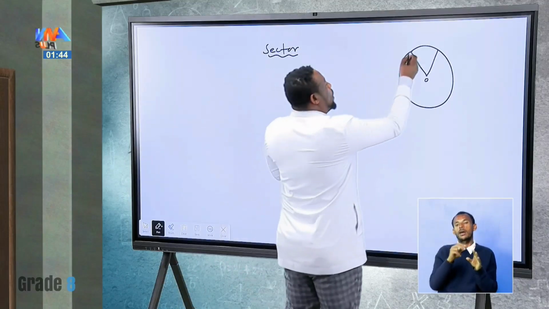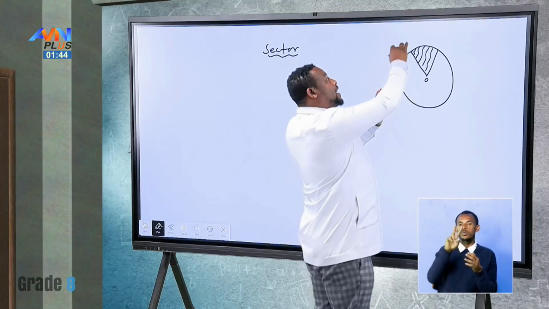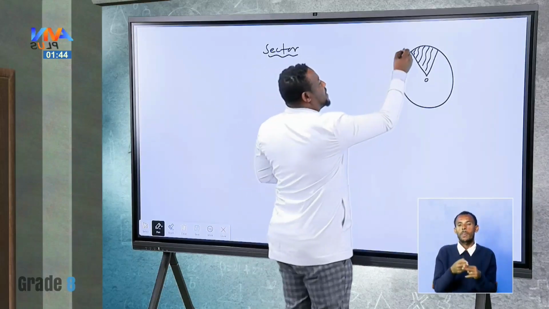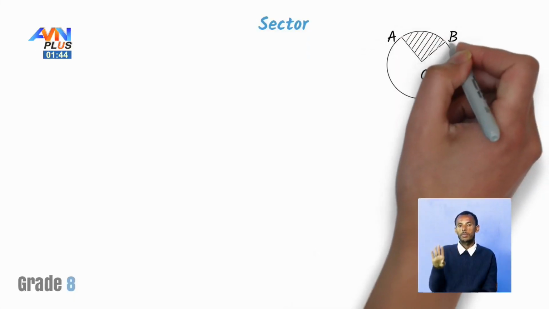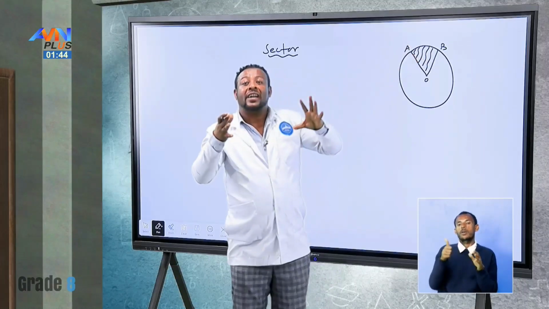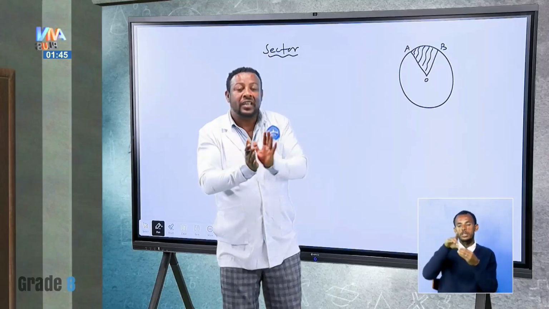Okay, so this region is enclosed by two radii and an arc, right? So this is AB, if you want. We are not talking about the arc. We are now talking about the region enclosed by two radii and an arc.